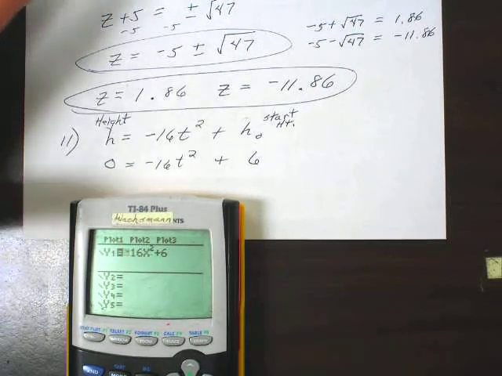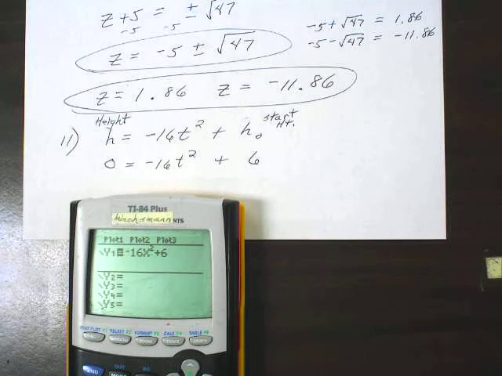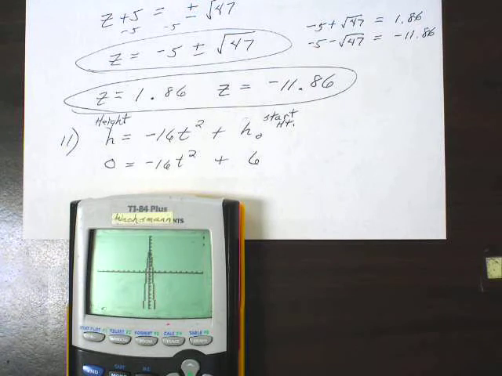Now notice you cannot put t squared in the calculator. Actually you can, but the calculator won't understand that. If you're going to go to y equals, you always have to use x. Okay, so that should be in the calculator, and then you want to go to zoom 6, and it looks like this.